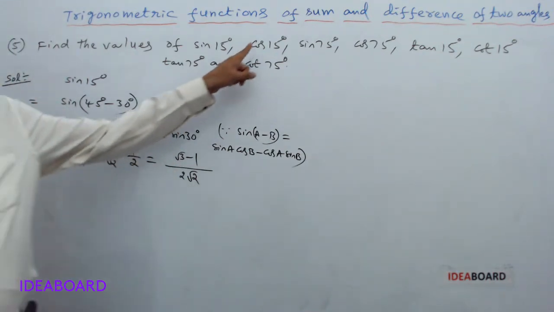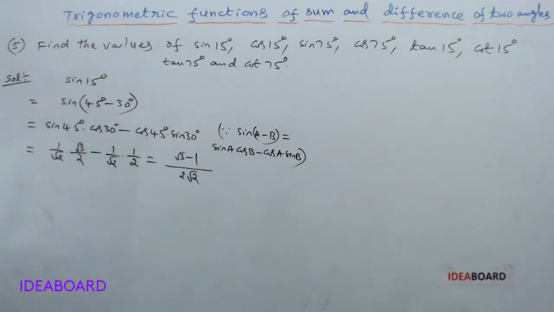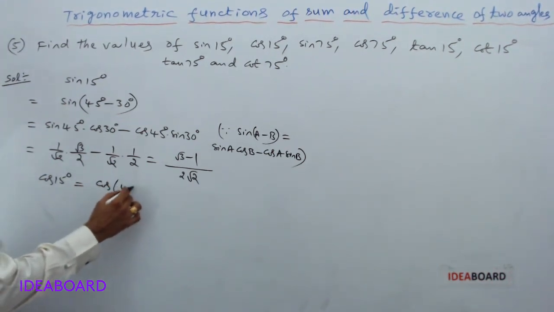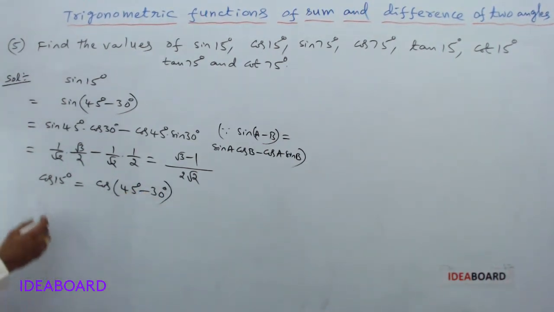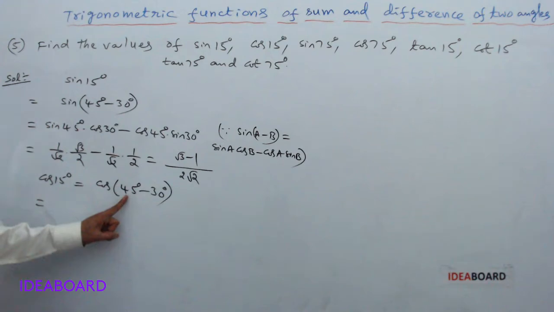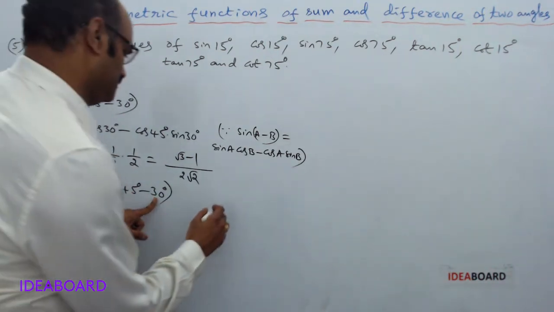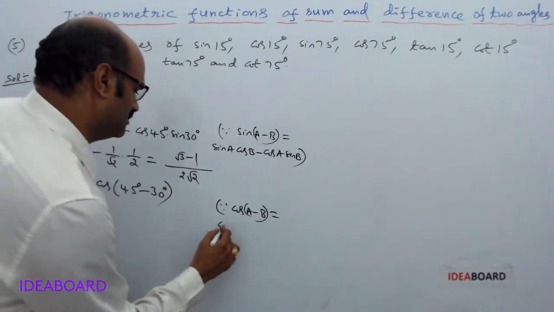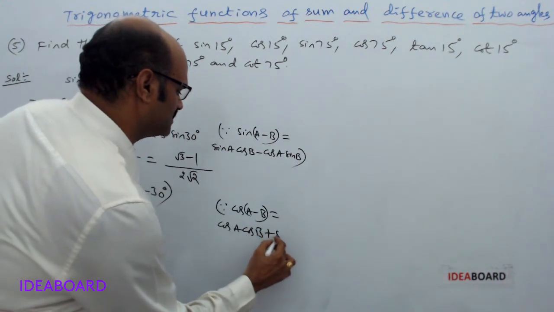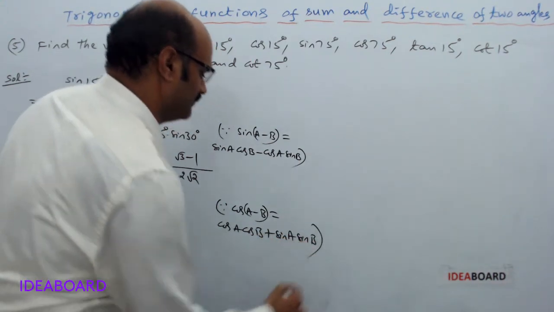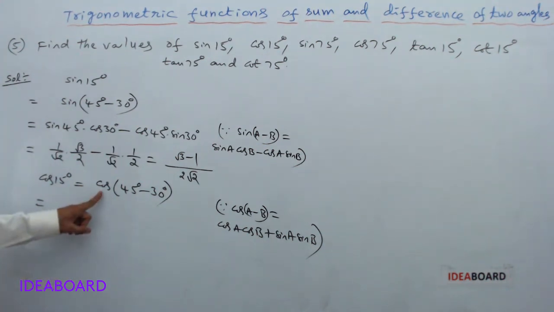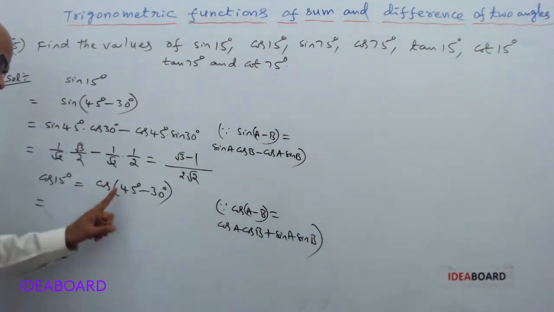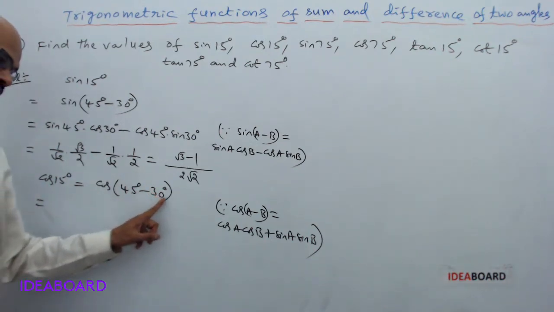Now we should find the cos 15 value. Cos 15 can be taken as cos of 45 degrees minus 30 degrees, which is cos of a minus b. The cos of a minus b formula is cos a cos b plus sin a sin b. Here a equals 45 and b equals 30 degrees.